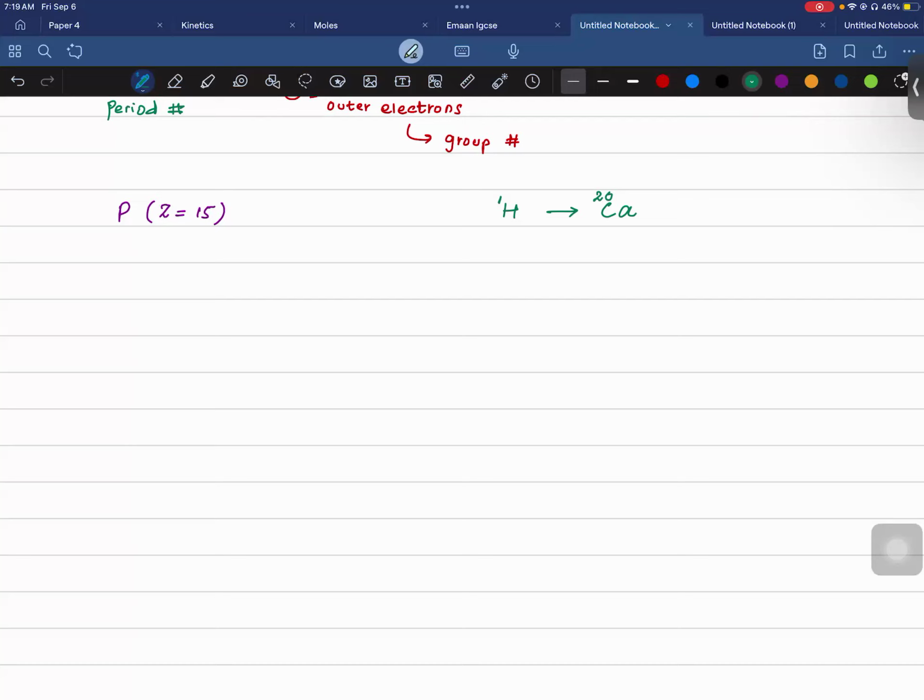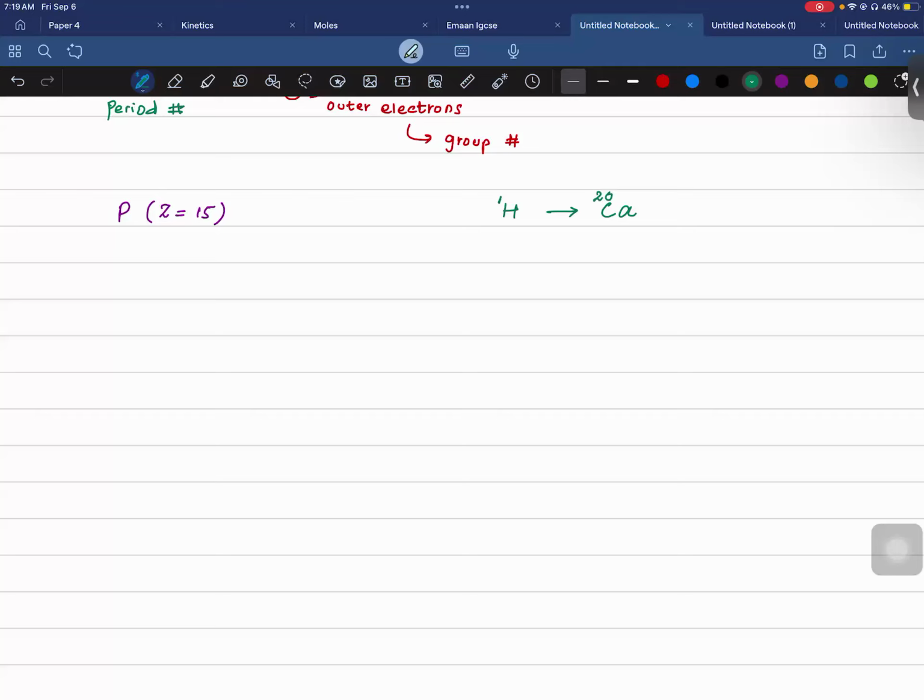So what is phosphorus? Phosphorus will be 2, 8, and 5. The first shell will have 2, the second shell will have 8, and the third shell will have 5.